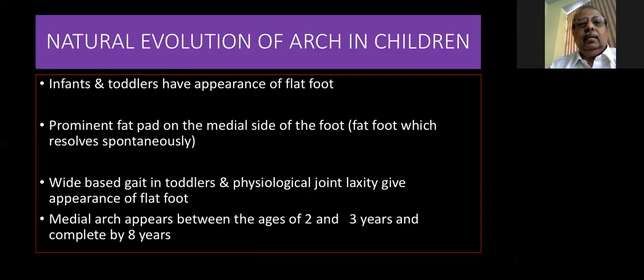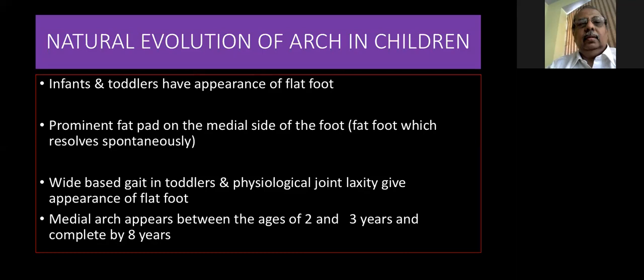What is the natural history? Infants and toddlers have the appearance of flat feet. This is because of the prominent fat pad on the medial side of the foot. That is, it is considered a fat foot rather than a flat foot. There's a lot of fat underneath. You can see parents bringing very small children saying that they have flat foot. The arch starts appearing only by the age of 2 to 3 years.